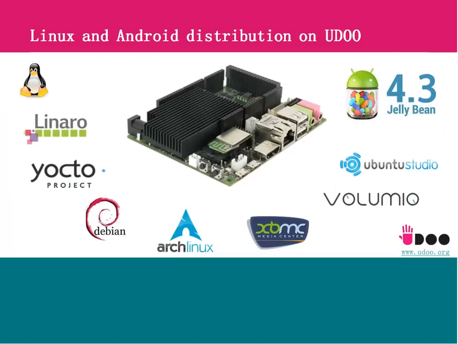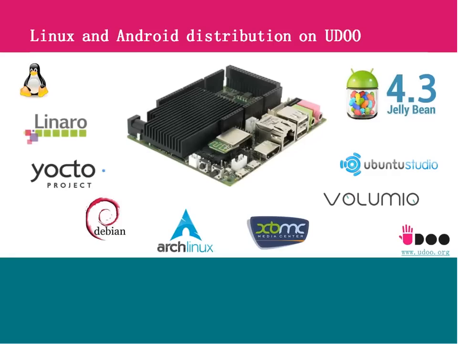And if we should talk about the software environments, you have Linux in all its flavors. The official operating system of UDOO is UDOObuntu, which is, of course, as the name suggests, based on Ubuntu.